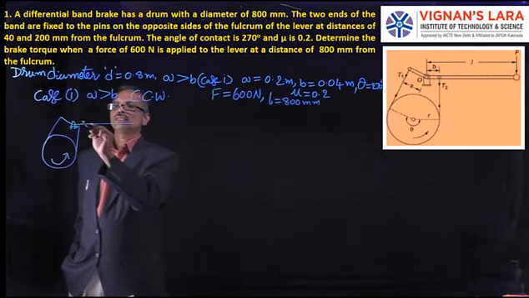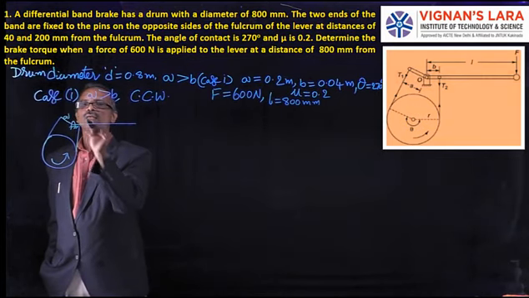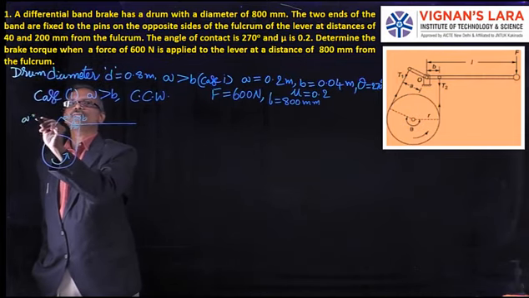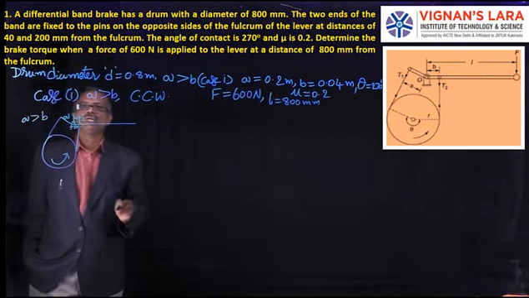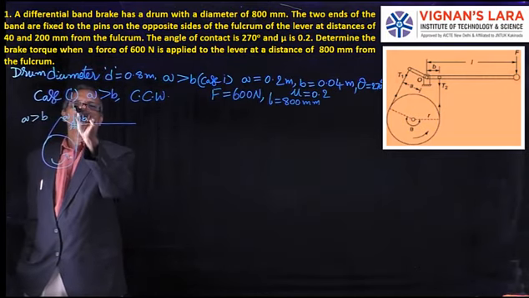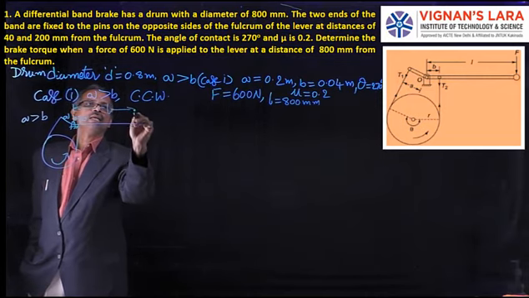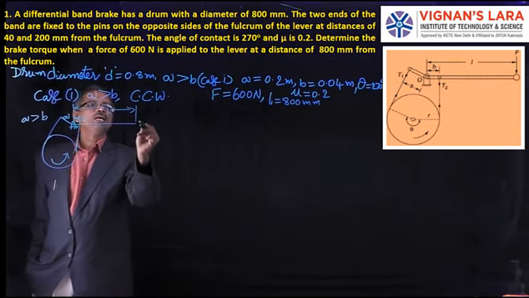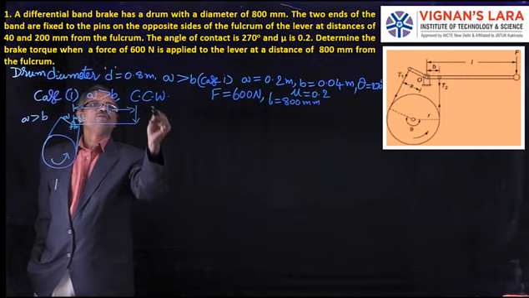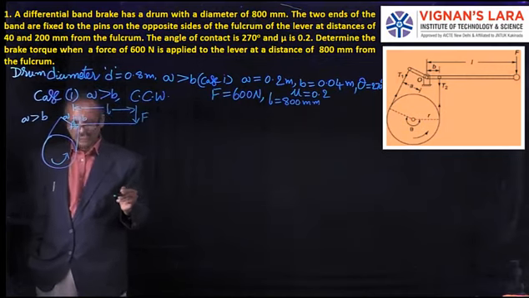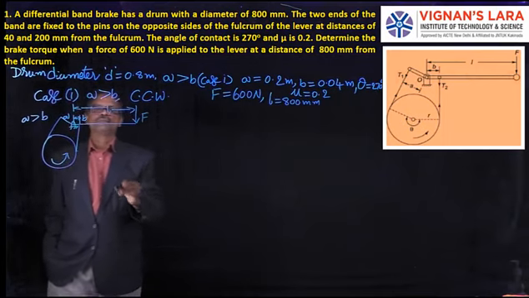This is A, and this distance is B, and I said A is greater than B, and this distance is L. If A is greater than B, you have to apply a force F in a downward direction.